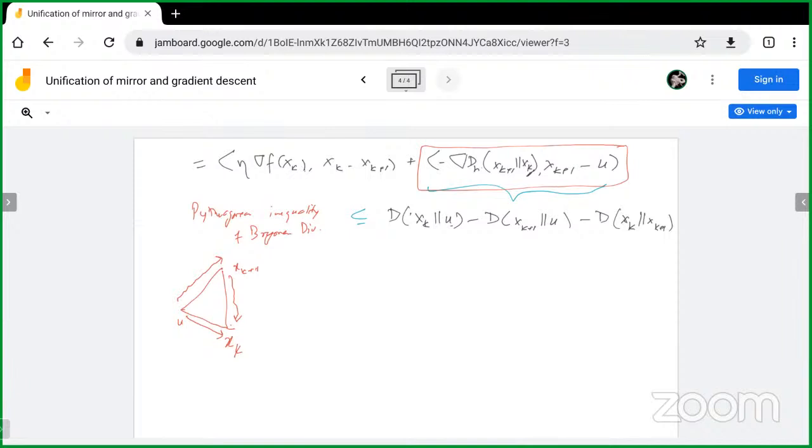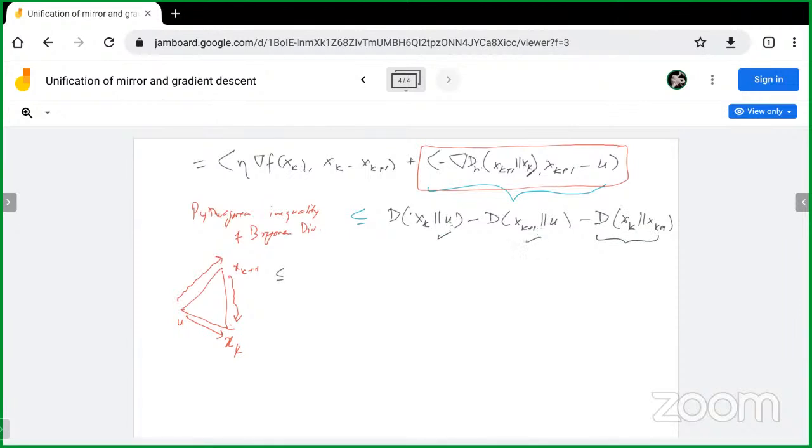Now a few more steps. I have to use the fact that Bregman divergence is also strongly convex. So let's do that. For that I will be able to eliminate this term. But this is the thing which I need for my final inequality, right?